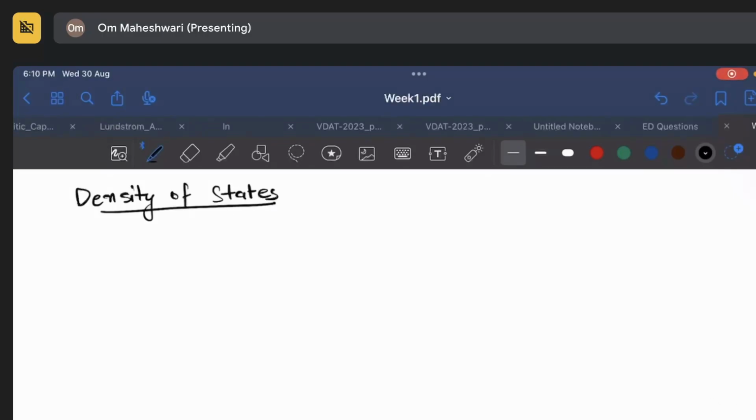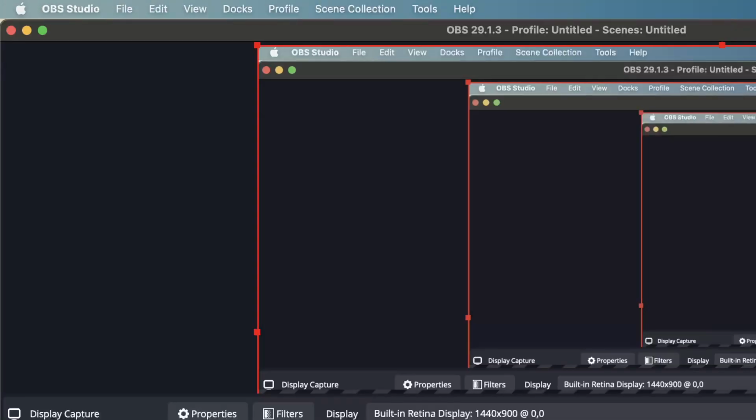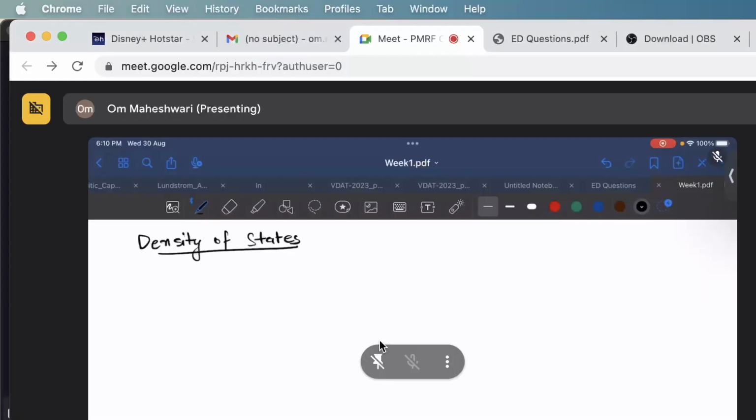Anyone? Of atoms. Atoms. Okay. Someone has written probability of finding electrons in an energy band. Okay.